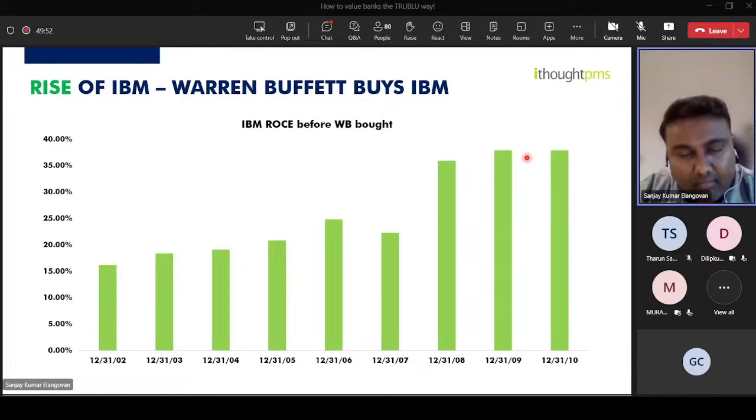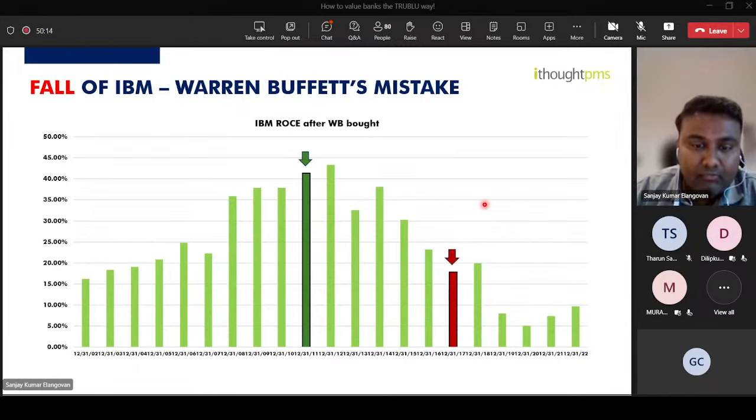I think Warren Buffett felt that till then he wasn't investing in technology stocks, but by then he was convinced that technology works, and he just made the wrong choice within the technology sector. Because this didn't turn out to be a structural story. It became a cyclical story. So this is where Warren Buffett bought IBM, at 40% ROCE.